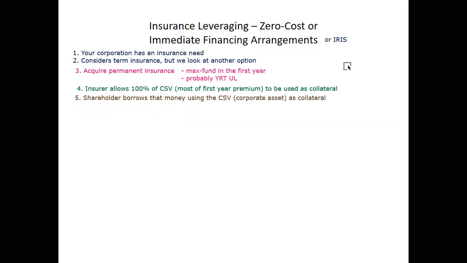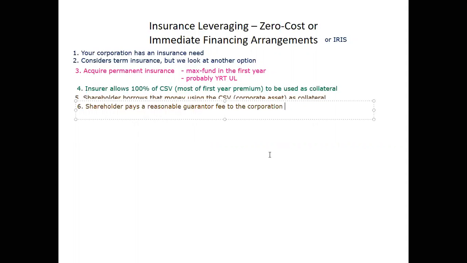Now, in order to not trigger a shareholder benefit here, the shareholder pays a reasonable guarantor fee to the corporation. That's taxable income to the corporation because it's income now. And potentially it's deductible for the shareholder.